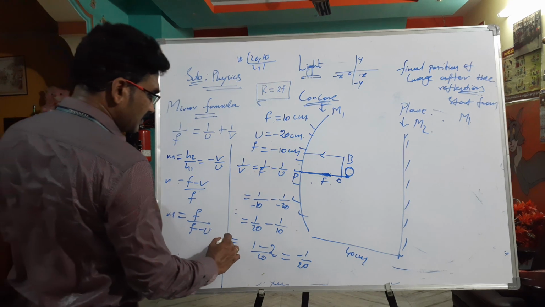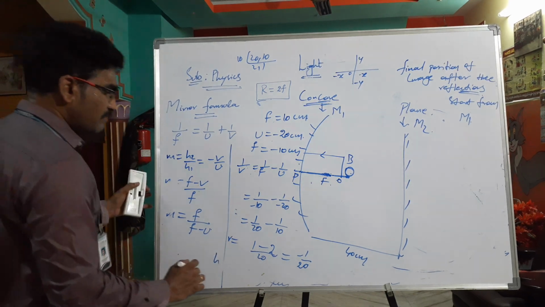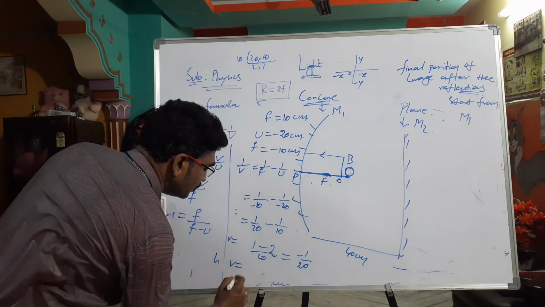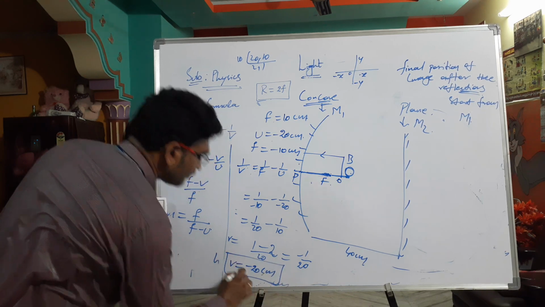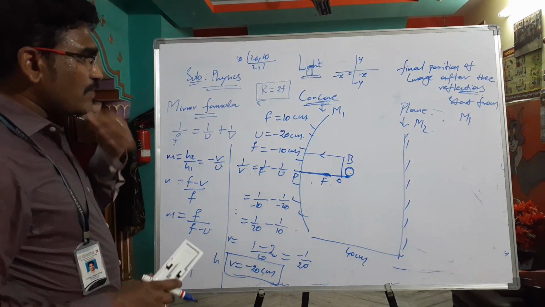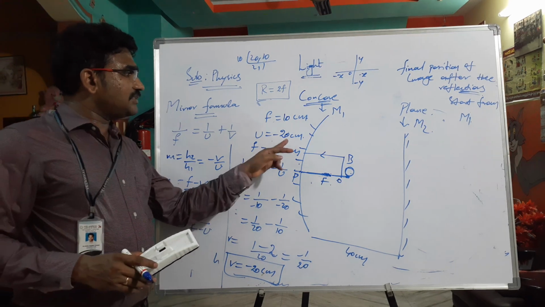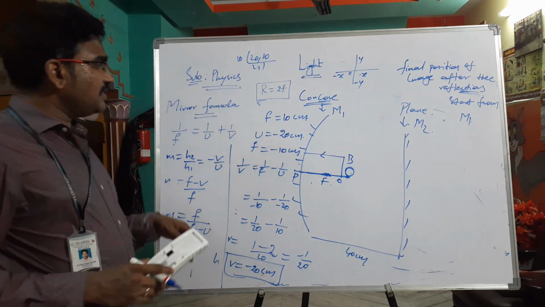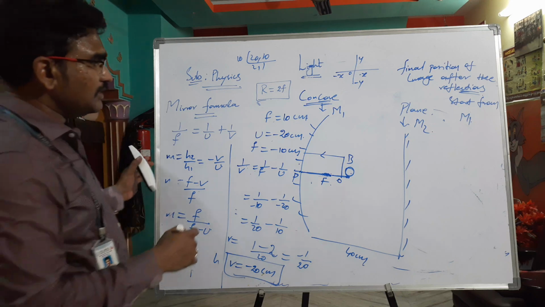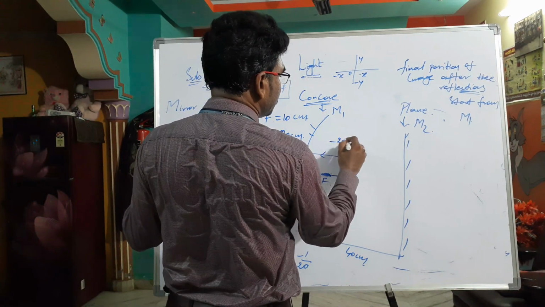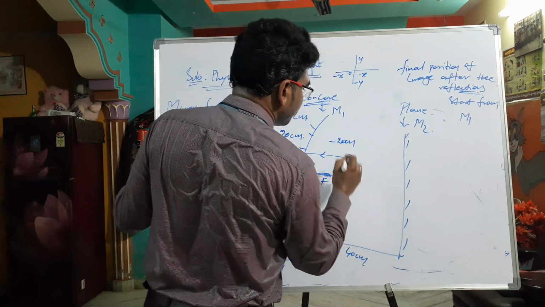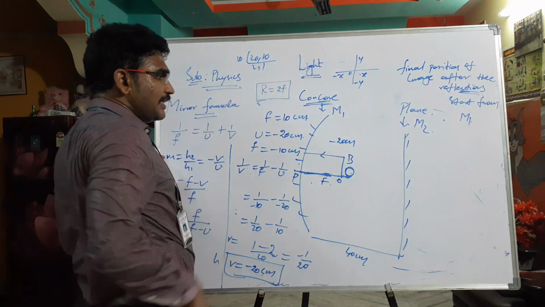So v is equal to minus 20 centimeters. So the object is at minus 20 and v is at minus 20 centimeters. So the image is formed at minus 20 centimeters, means here only, where the object is there only the image is formed.